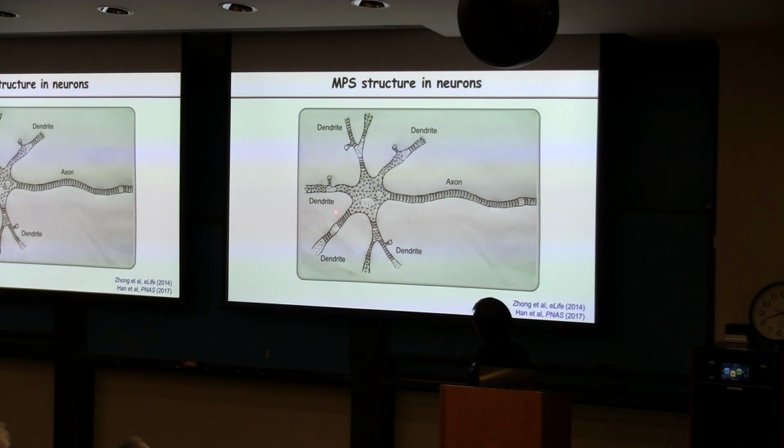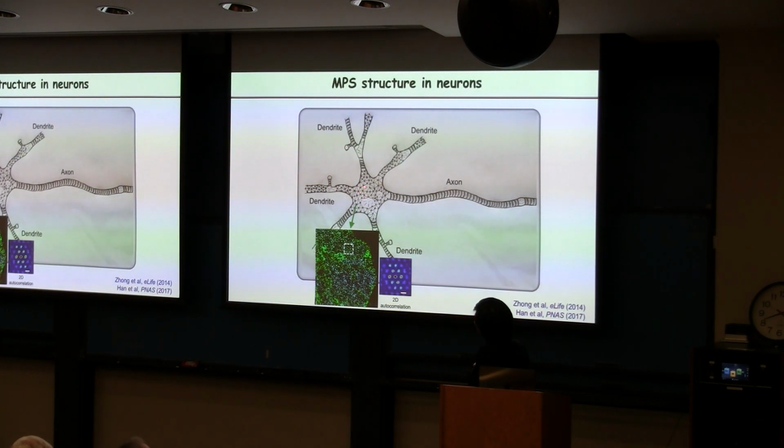Stefan Hell's lab also saw this periodic structure in dendrites. And then we also noticed that, in the portion where the dendrite does not form the periodic structure, it actually looks pretty regular too. This looks like a hexagonal lattice structure.